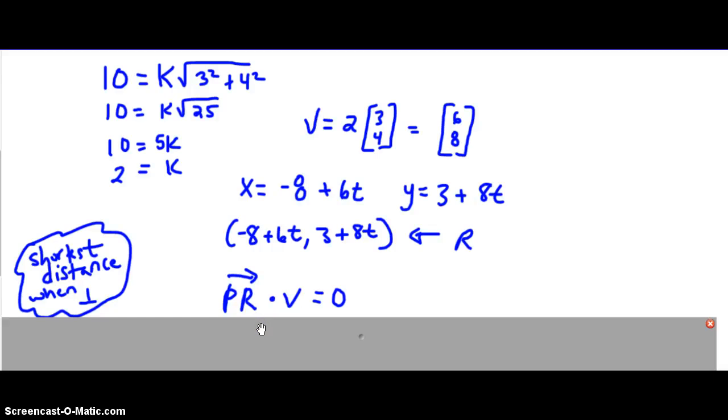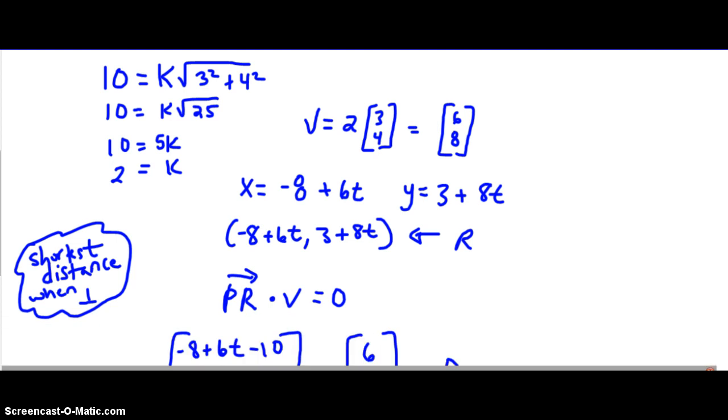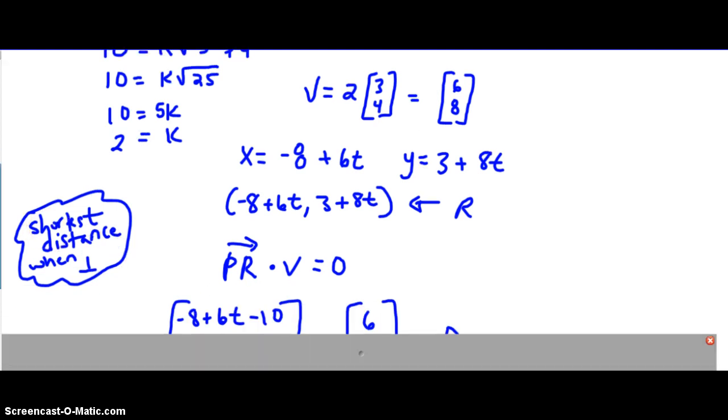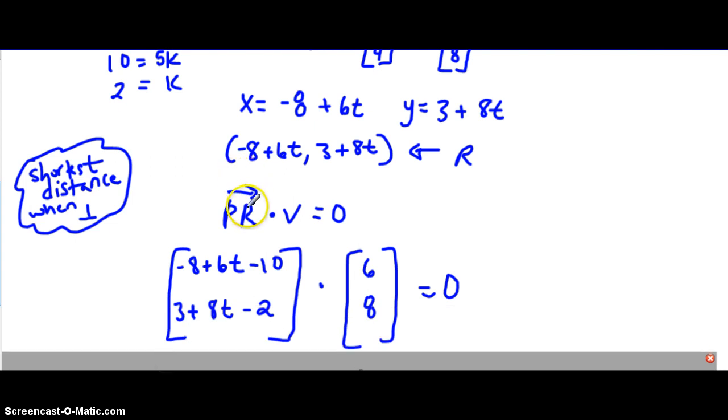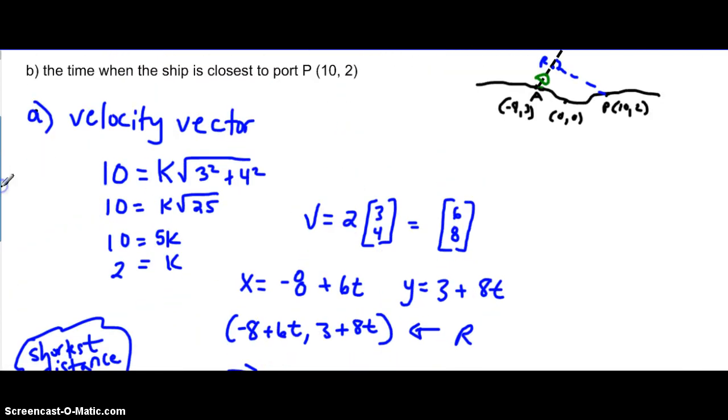So our dot product of PR, remember, would be r minus p to find that vector, times our velocity vector, equal to 0. So remember, r is what we said, -8 plus 6t and 3 plus 8t. And our p is 10, 2.